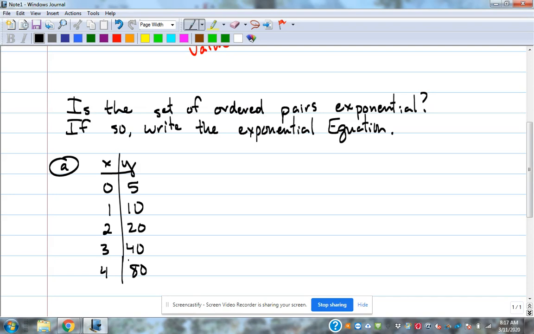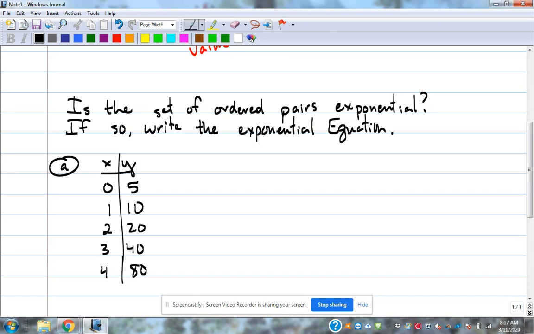Now, if this were linear, what would we be looking for? To be a linear set of ordered pairs, what has to happen? What do linear equations have? They have slope, right? So to check if it was linear, we would find the slope between a couple of different sets of ordered pairs.